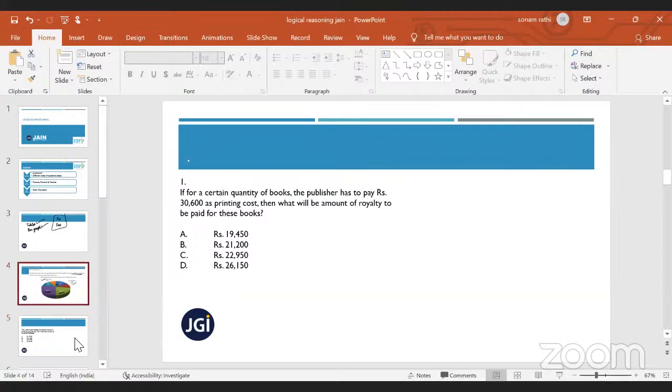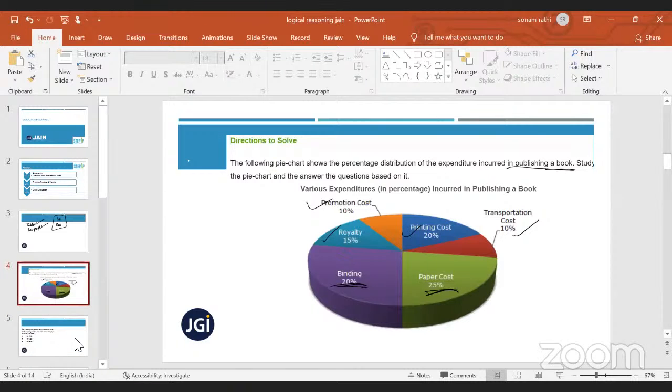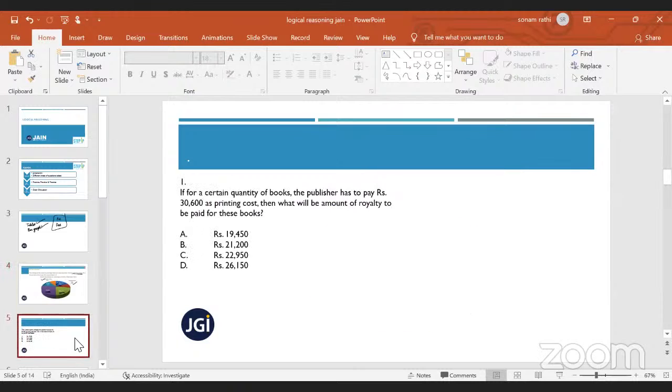Now I know printing cost is 20%. And they have given you 30,600.